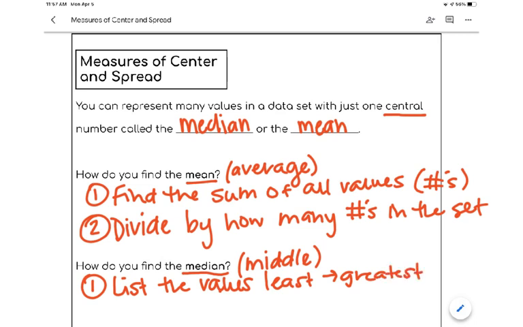So once you've listed those values from least to greatest, all you have to simply do is find the middle number. Okay? So you're going to list the values from least to greatest and find your middle number. This is going to be really easy if you have an odd number in your data set. But if you have an even number, we'll talk about that in a second.